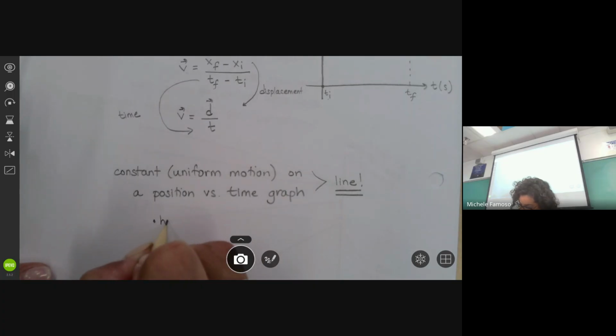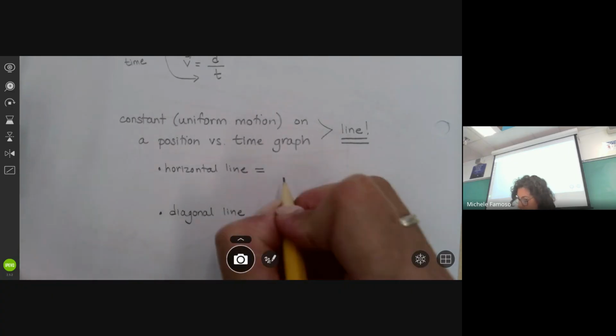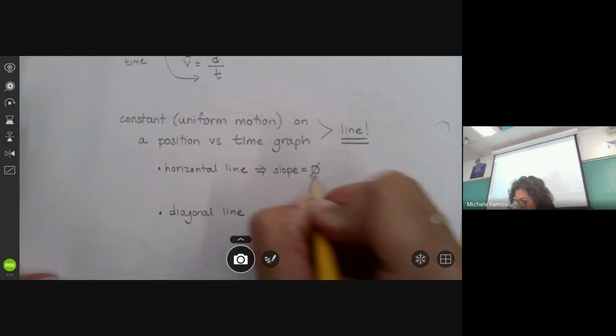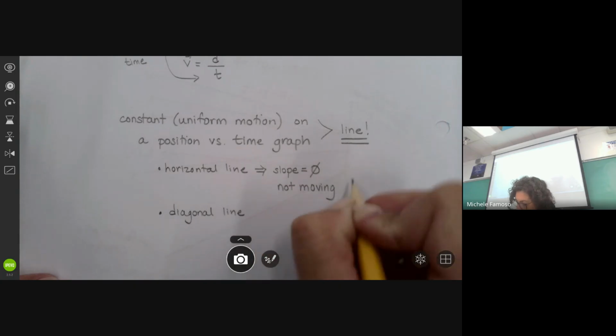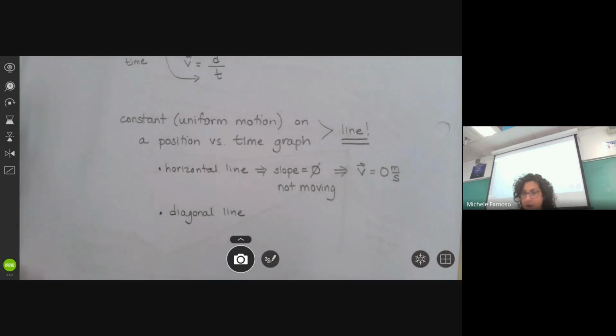You could have a horizontal line, or you could have a diagonal line. If you have a horizontal line, what does the slope equal? 0, which means that you are not moving, because that implies the velocity is 0 meters per second. A 0 meter per second velocity means you are not moving.